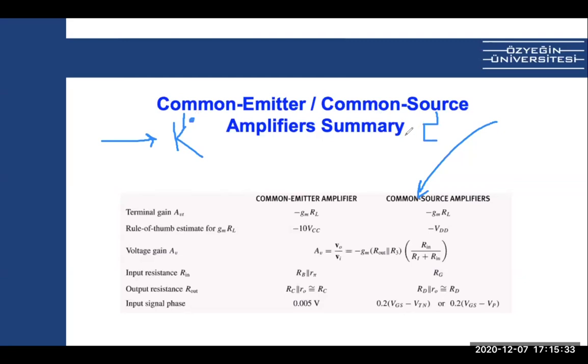And for the NMOS, you apply a signal at the gate, and you get the signal at the drain. Okay? Looking at these two amplifiers, it compares the terminal gain, a rule of thumb estimate for gm RL, voltage gain, input resistance, output resistance, and makes a basic comparison.